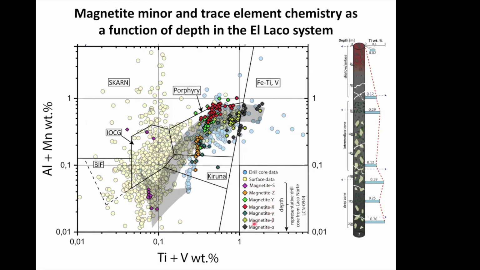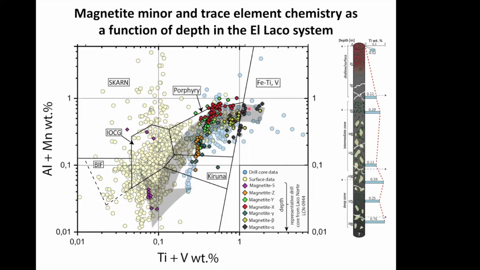What I want to focus your eyes on is this magnetite alpha, which is the magnetite that contains the exsolved ilmenite exsolution lamellae. All of those samples plot over here. Many of them plot in this so-called igneous field on the discriminant diagram, and some of them plot over here.